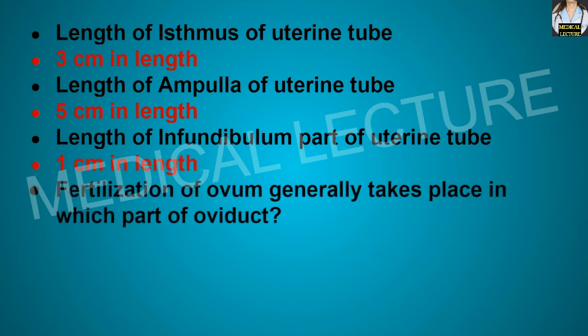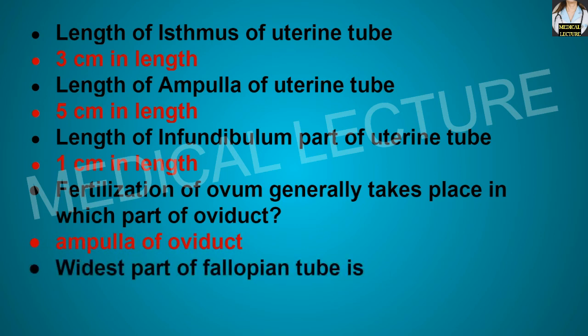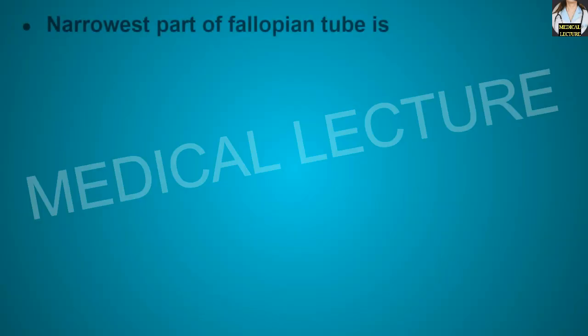Fertilization of the ovum generally takes place in which part of the oviduct? Ampulla of the oviduct. Which is the widest part of the fallopian tube? It is the ampulla. Which is the narrowest part of the fallopian tube? It is the intramural part.